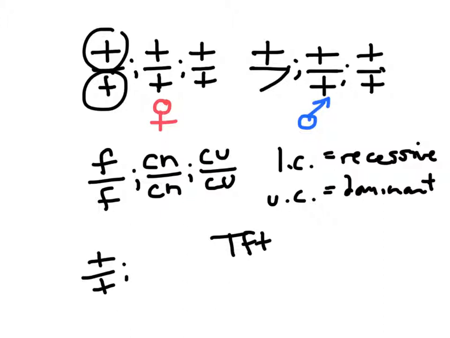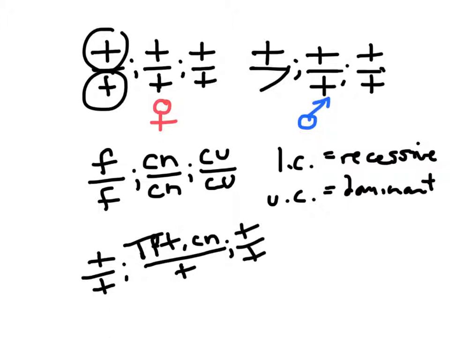The second chromosome, the animal has tuft and cinnabar, and let's make it heterozygous. And then semicolon, plus over plus for the third chromosome.